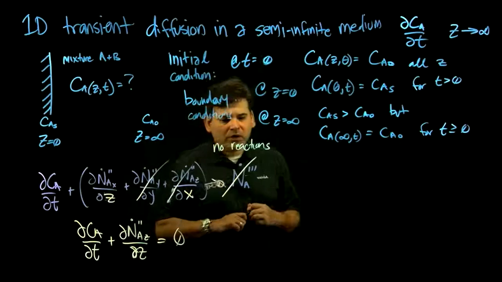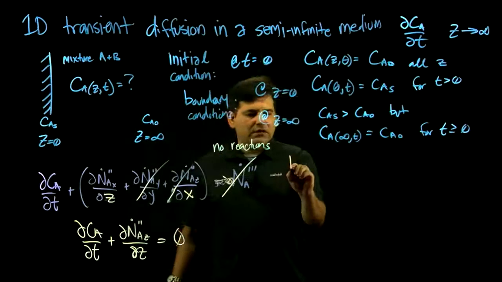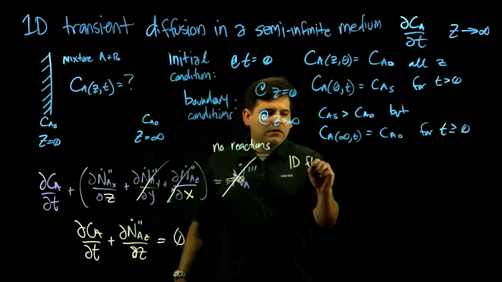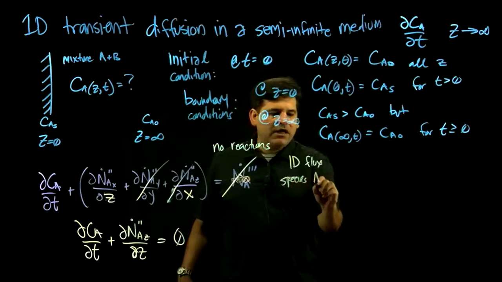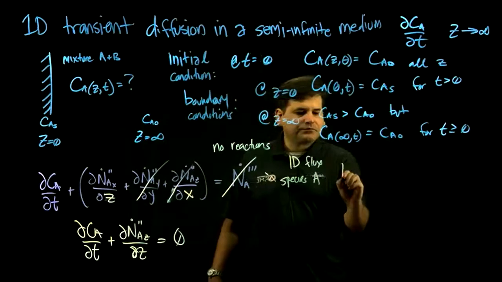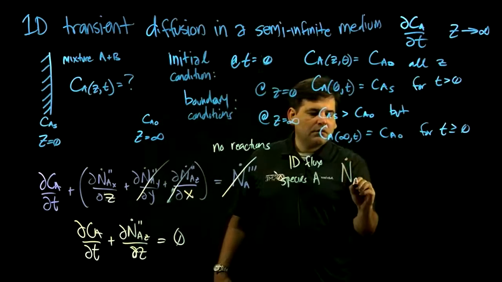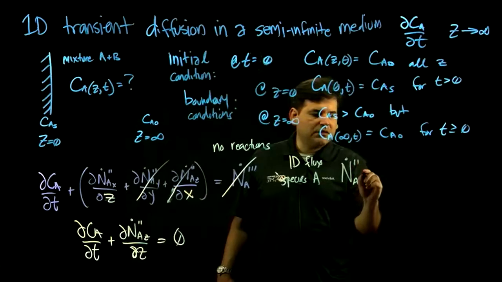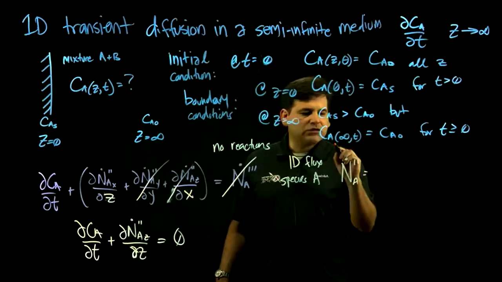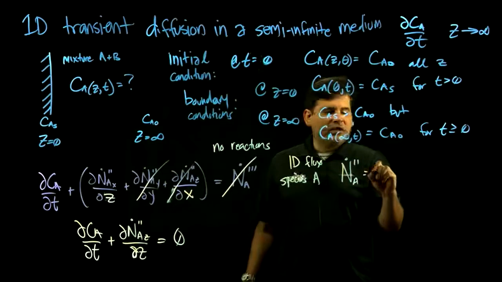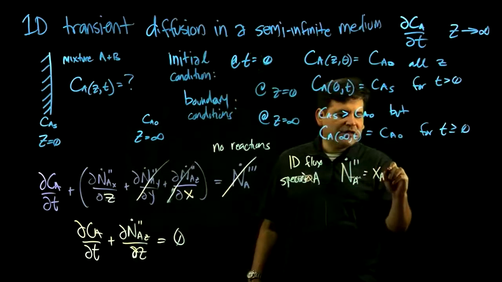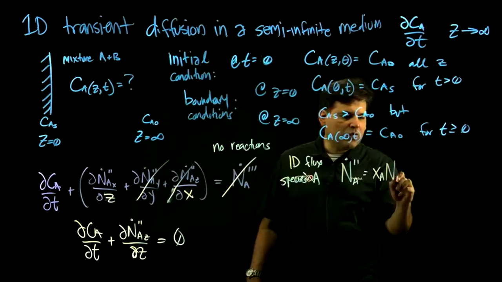Well, if we remember, the 1D flux of species A, this is N, the molar flux. It's not the mass flux, it's the molar flux. That depends on the mole fraction times the total flux.